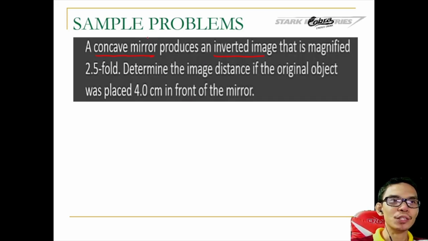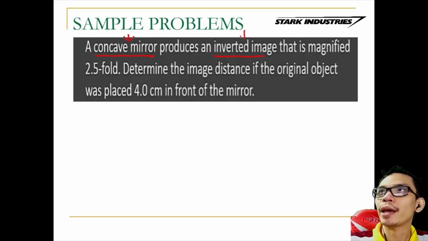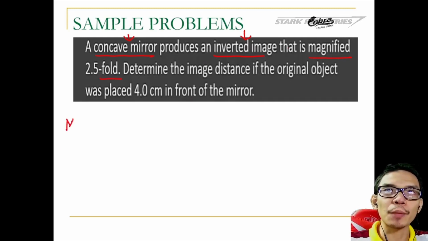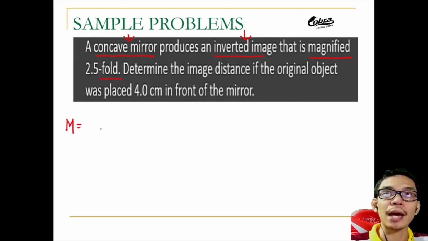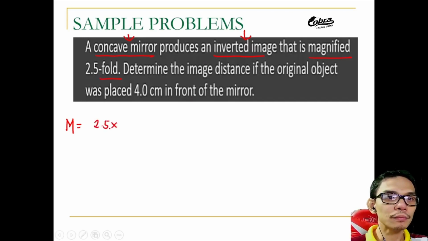We should take note of these. And the image was magnified. What do you mean by 2.5-fold? It means that if we write it on our data, that is 2.5x.